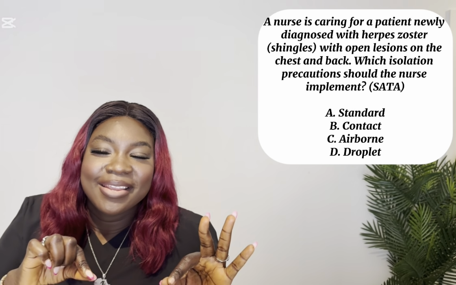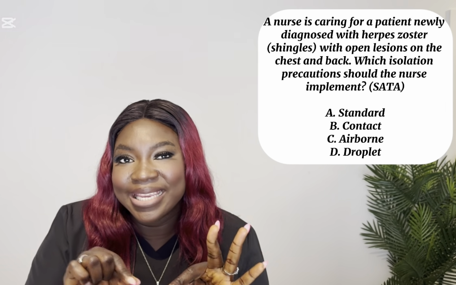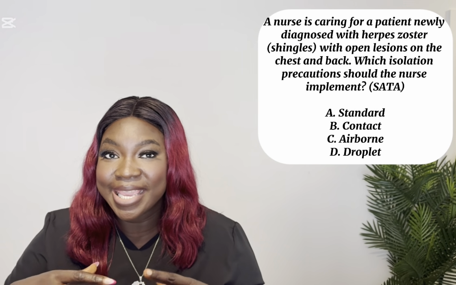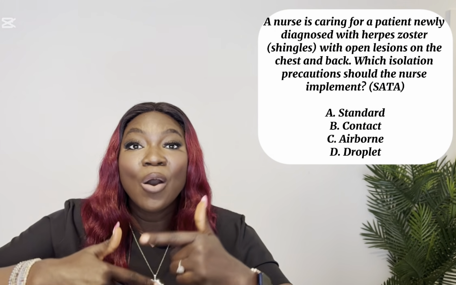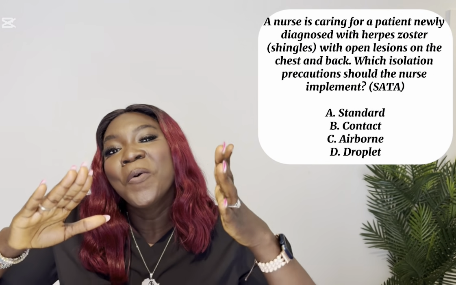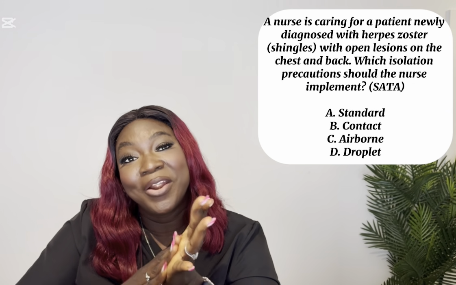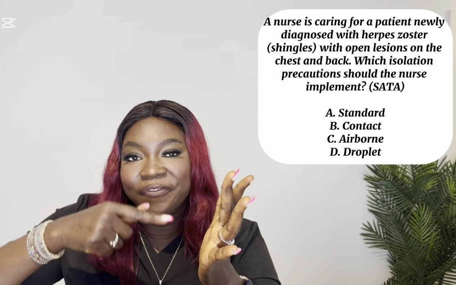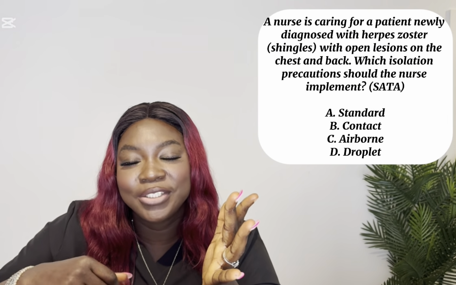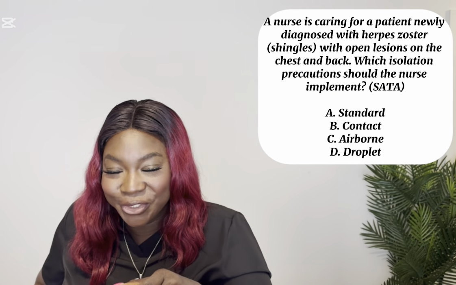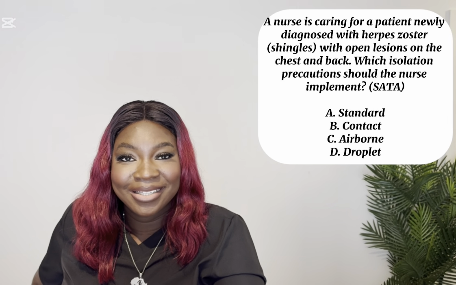The latent or inactive virus in you can now reactivate. And this time, when varicella zoster virus reactivates, that is the second time it will infect you, it will give you shingles, which is what this patient is having.